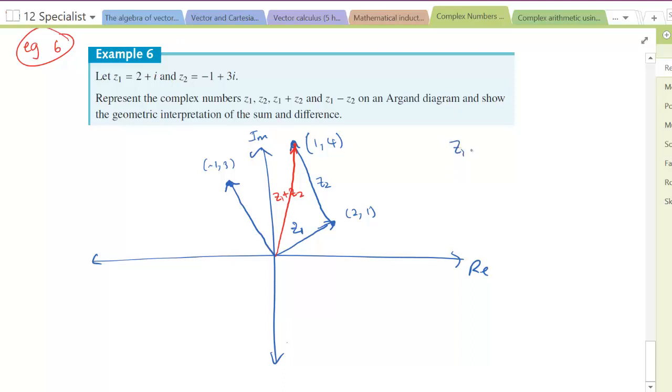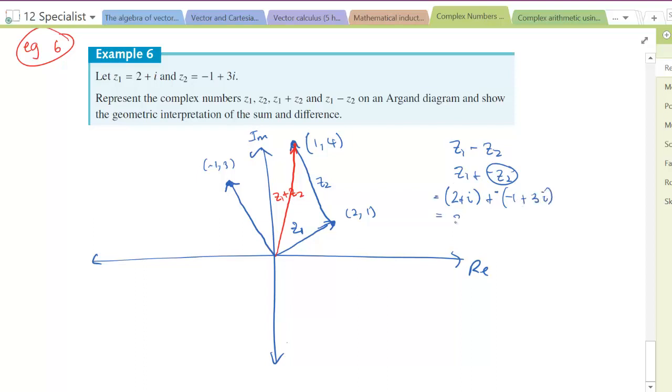Now with Z1 subtract Z2, it's the same as saying Z1 plus negative Z2. Now, negative Z2 is just the opposite direction of Z2, so we'll be looking at 2 plus i and negative 1 plus 3i.